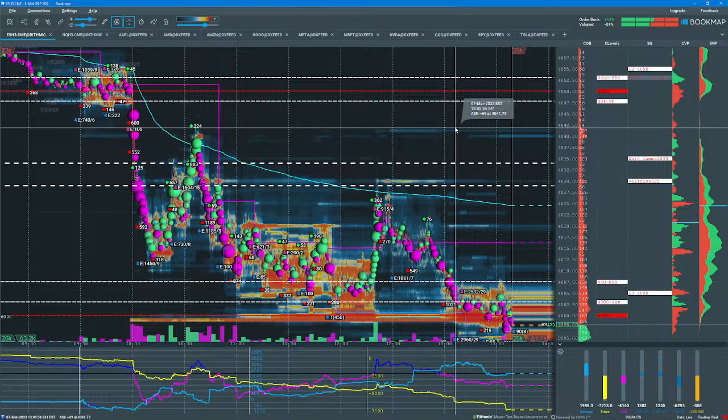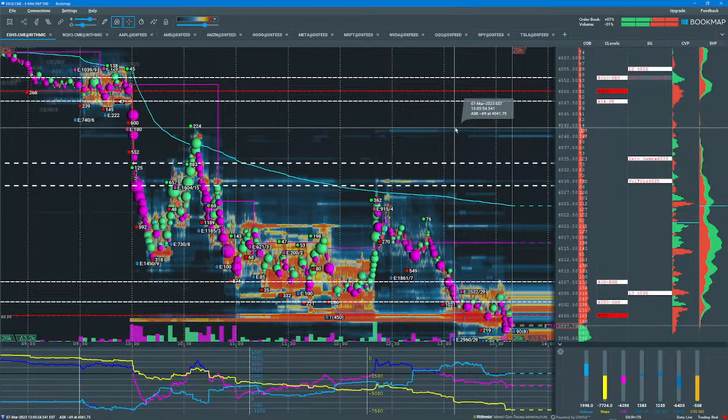They're not quite as precise in Bookmap as they are on the SPX chart. The reason is there's a slight price difference in SPX and ES, and the levels that I have shown here are fairly close, but not as exact as the SPX chart.